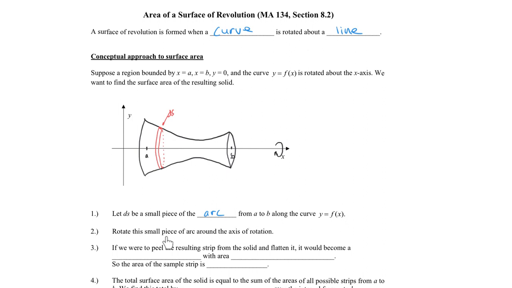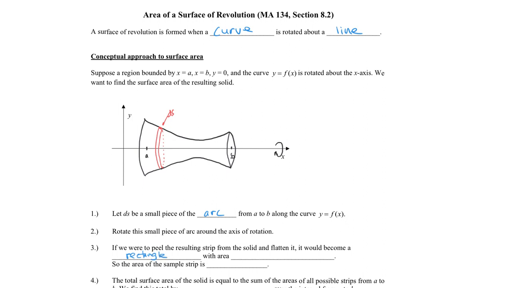Then we're going to rotate this small piece of arc around the axis of rotation, which we can see right here. Think, if we could peel this strip off of here and flatten it, it would become a rectangle. Remember, this is a conceptual idea.